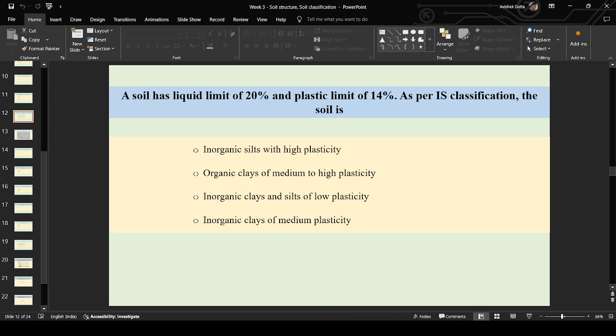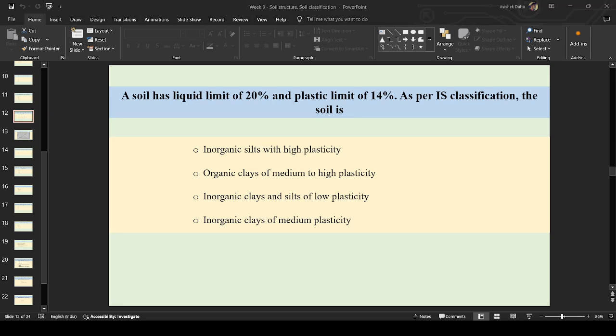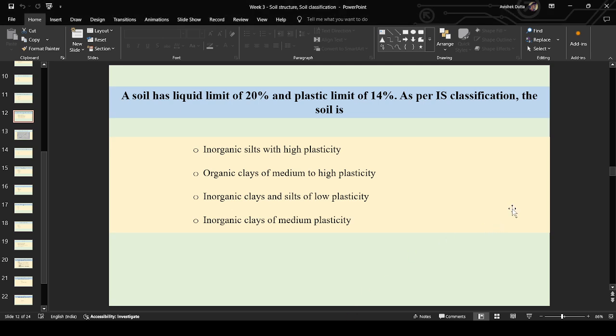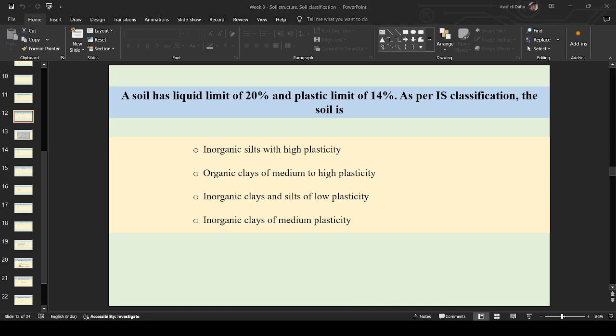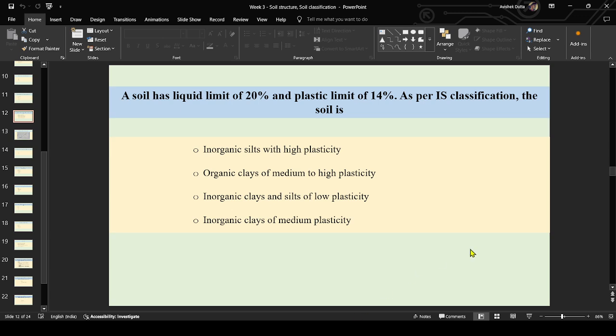Yes, this is a numerical. Please write down the data very carefully. A soil has liquid limit of 20 percentage and plastic limit of 14 percentage. As per IS, the Indian Standard Classification, the soil is: option 1, inorganic silts with high plasticity.